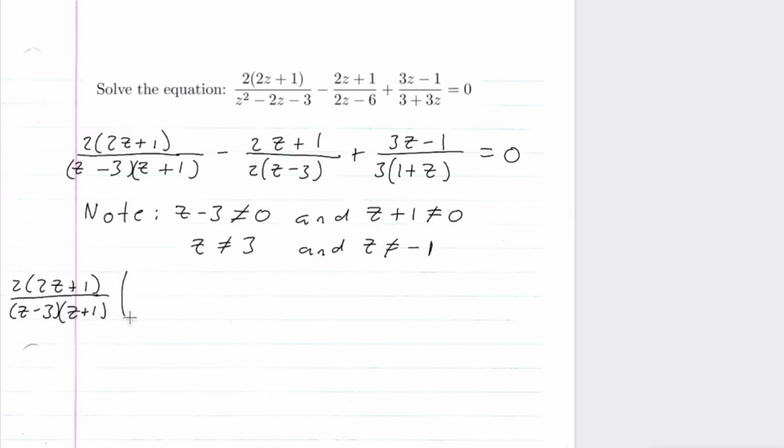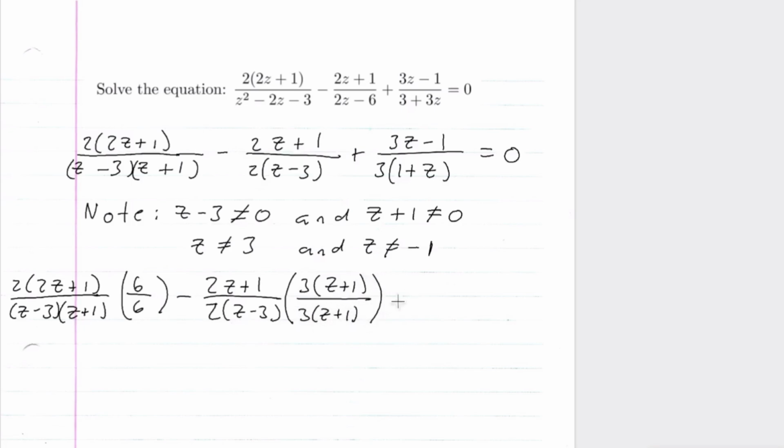And then I have my, let's see, 2 and 3, so it'll be 6 over 6, minus, so let's do 2z plus 1 over 2 times z minus 3, and then that's going to be times 3 times z plus 1, and then plus 3z minus 1 over 3 times z plus 1.